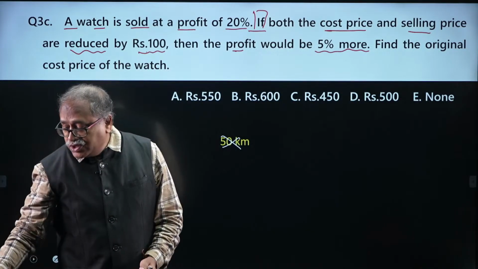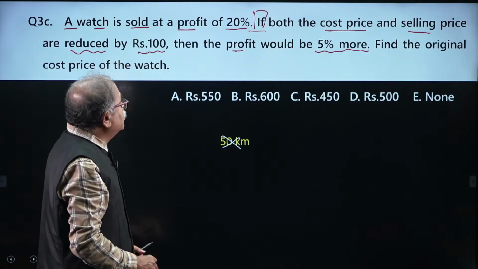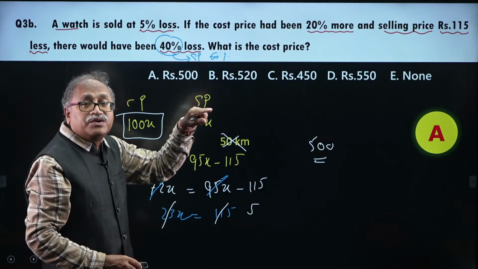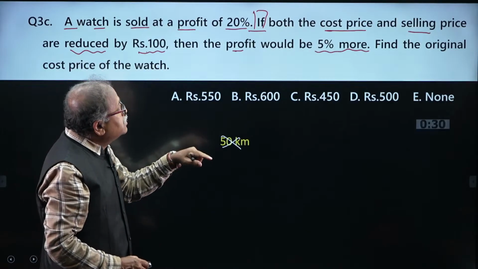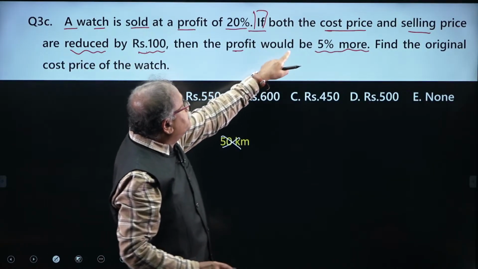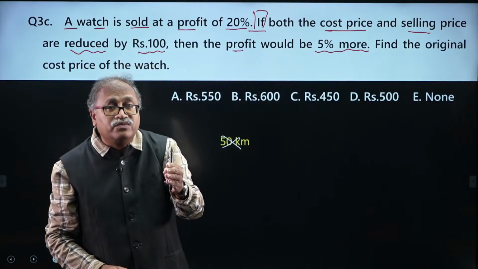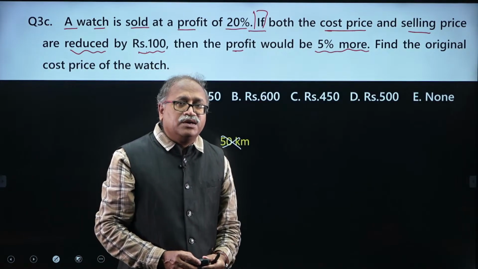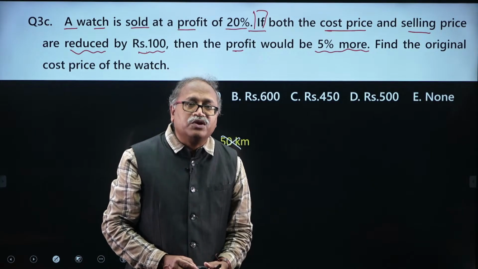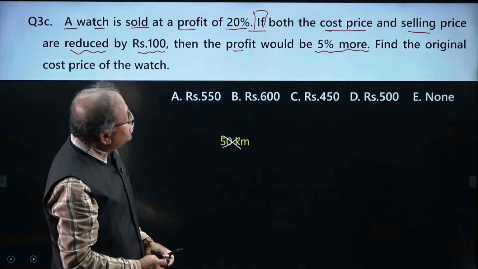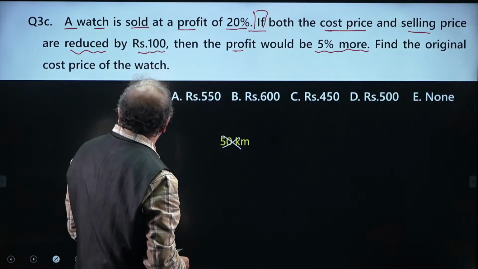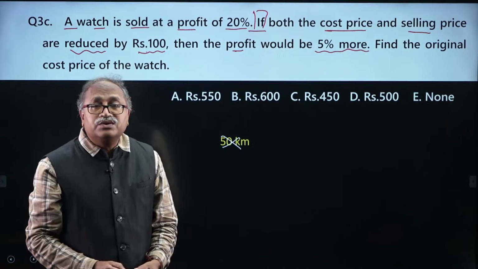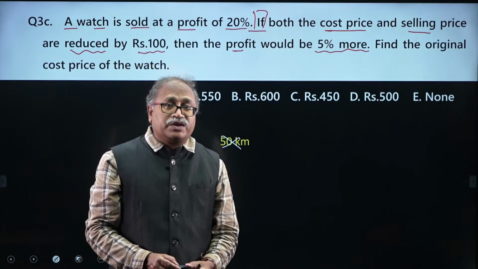In the previous question the loss would have been 40% or the profit 20%, but here it is saying the profit would have been 5% more. So, all three are almost the same type of question, with a small variation. What is the question? Find the original cost price of the watch. In all the previous questions also we worked out the original cost price.